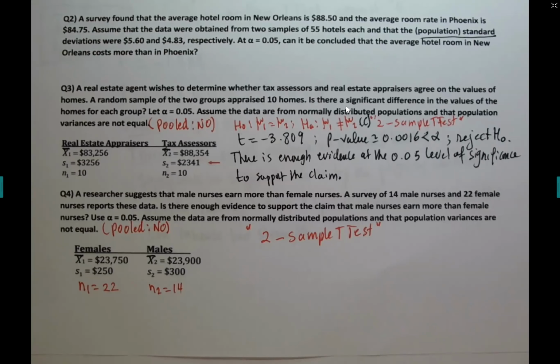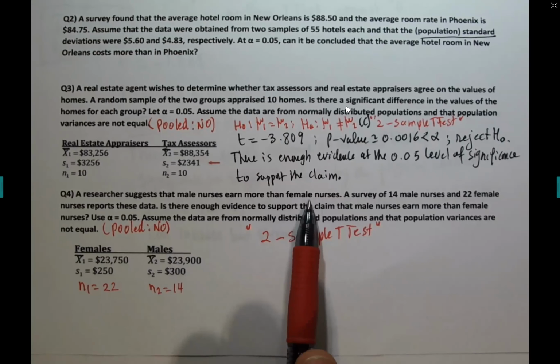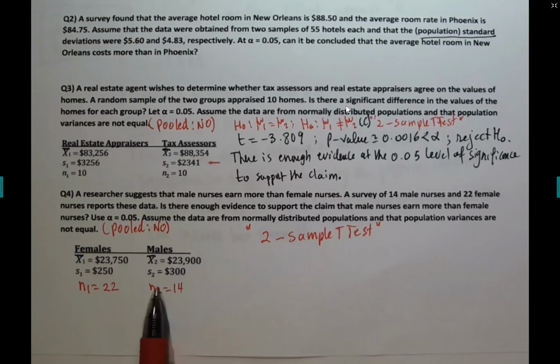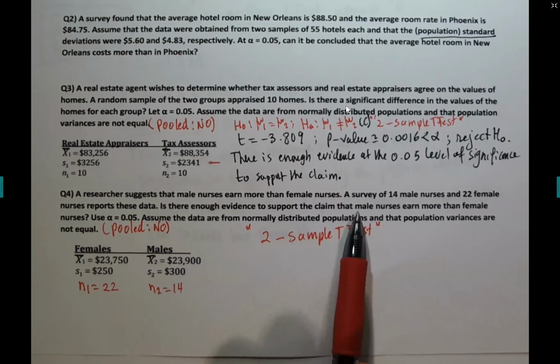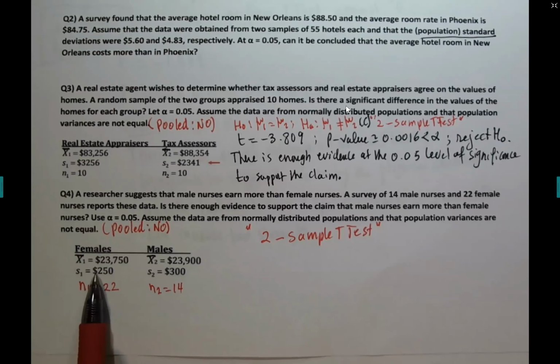And look, guys, one thing we should give you a hint. Look, this is 23,750. This is 23,900. This is the only question, guys, where the language here is opposite to what it is there. Here, I started with male earning more than females, but I labeled the females as 1, and the males as 2, just to bring it to your attention so you can be careful.